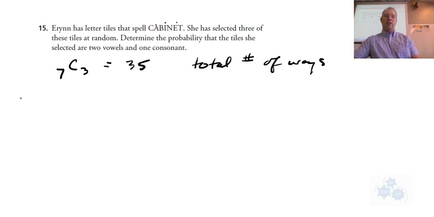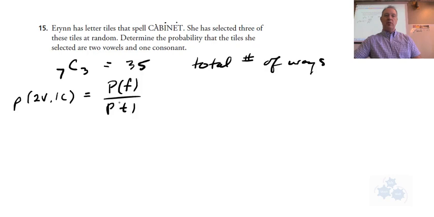So the favorable outcomes, remember, for probability, of 2 vowels along with 1 consonant, would be the favorable outcomes divided by the total outcomes.